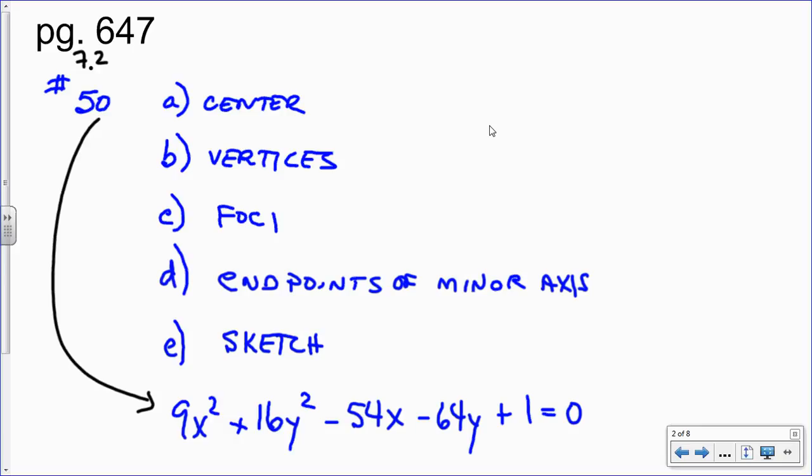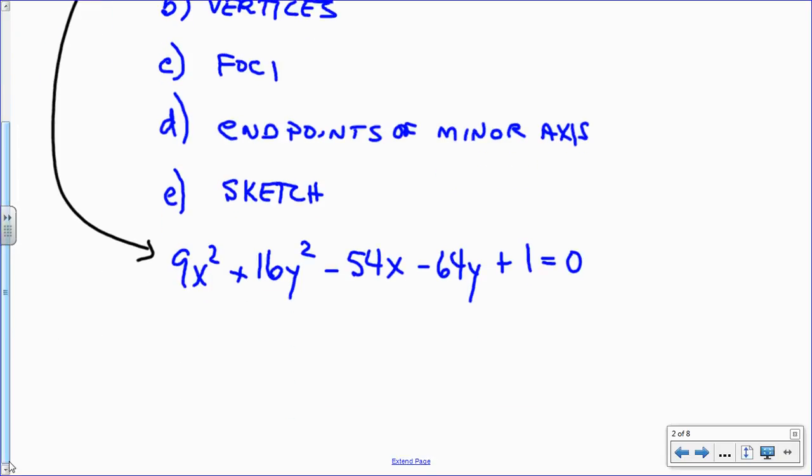Is that 64? Yes. You should be completing the square here.